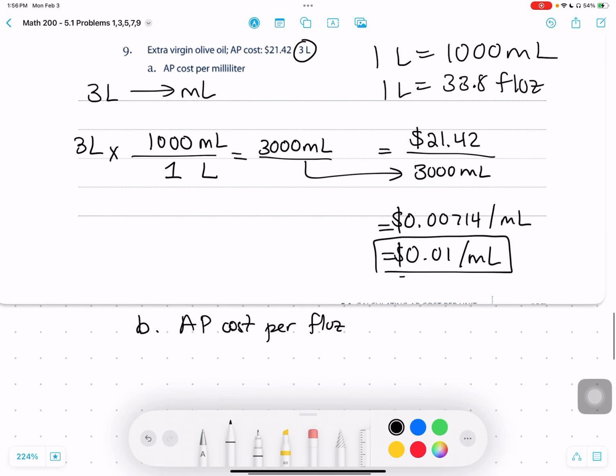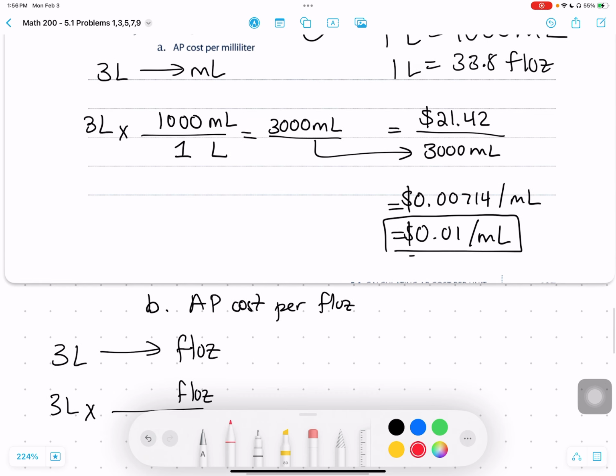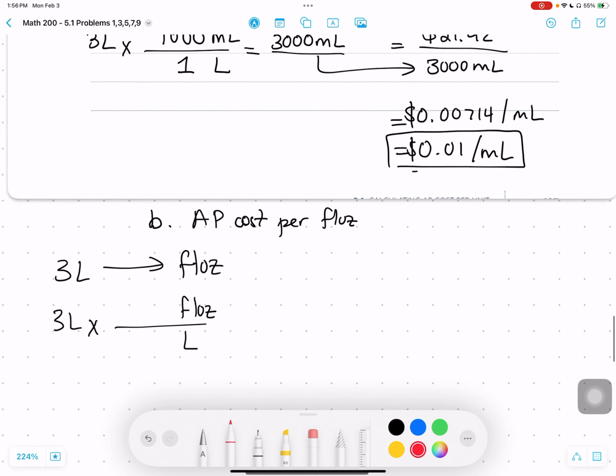So I'm going to take my 3 liters that I'm beginning with from the problem, and I'm converting that to my desired unit, which is fluid ounces. So 3 liters, liters on the bottom, fluid ounces on the top, and then you go to your conversion table and find an equivalence between liters and fluid ounces, which is 33.8 fluid ounces per 1 liter.